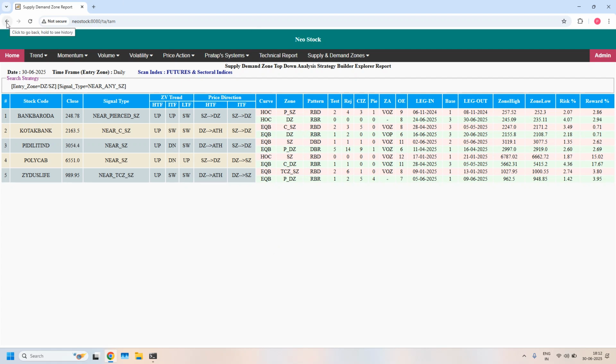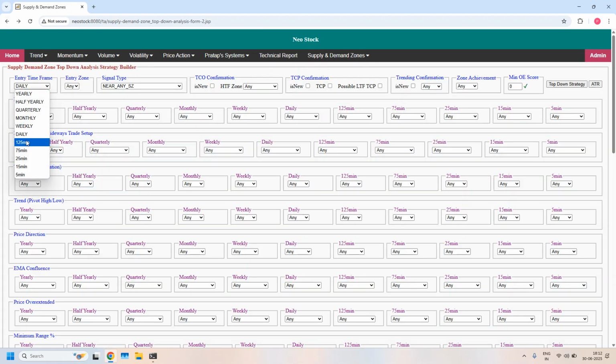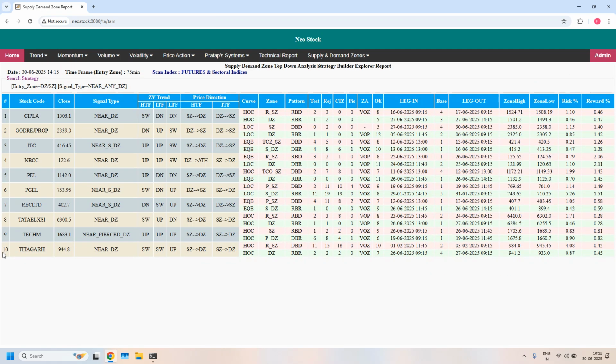I'm going back, changing the time frame to 75 minutes. Stocks near to the 75 minutes demand zone, we got 10 stocks. Let us identify 75 minutes high liquidity demand zones from this list. ITC is a pierced zone, so it is not a valid zone for HLQ zone strategy.